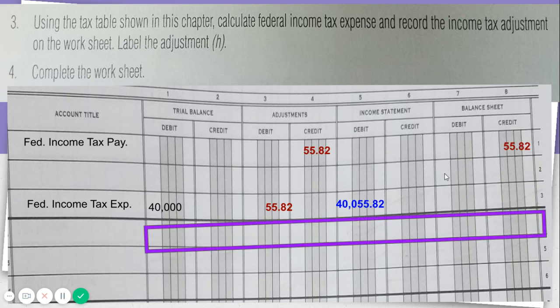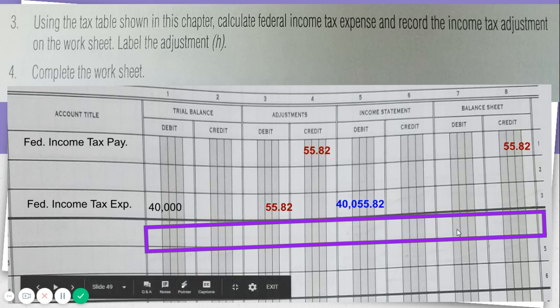Then you guys would finish finding your total of your income statement and balance sheet here. Make sure you find your total for your adjustments as well, and trial balance if you have not. Find the difference between your debit and credit for your income statement and balance sheet.